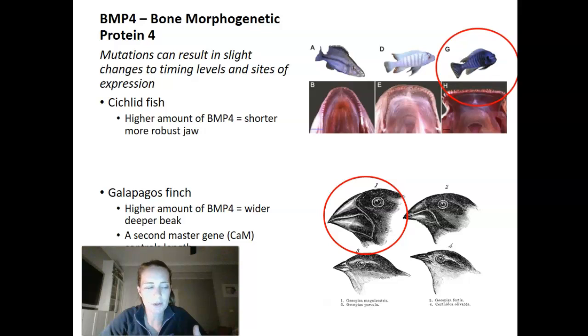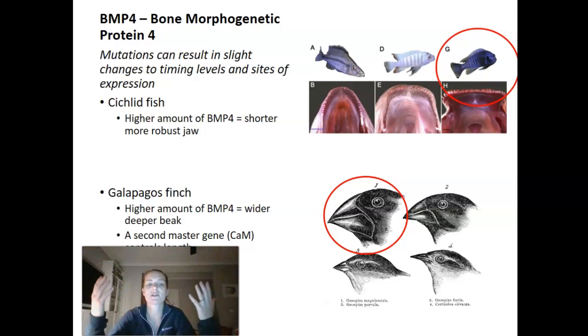So they were spontaneously coming up with the same mutations, but that mutation would be required to have been present in multiple genes to have that similar feature. So there was a group of cichlid fish that formed this oddly shaped jaw, and another group at the same time of the cichlid fish that evolved this very odd shaped jaw, but that it was separate. It was an independent evolution.